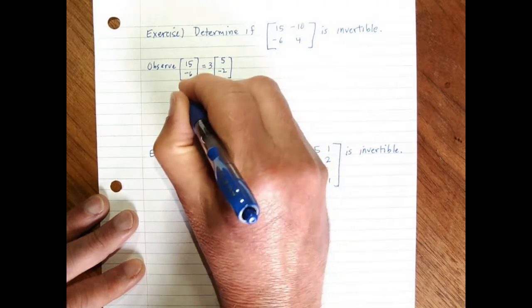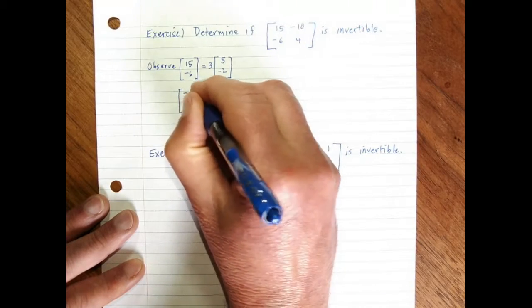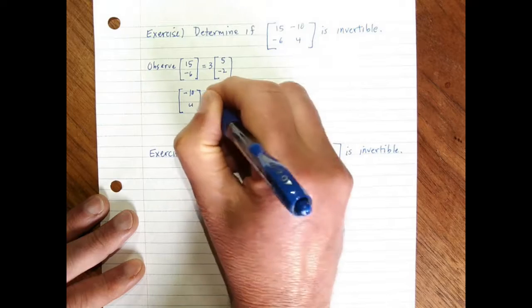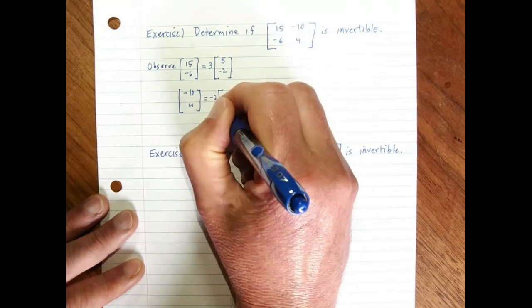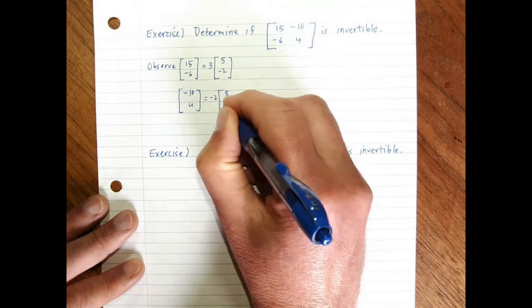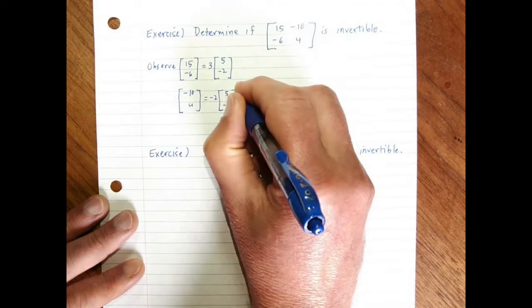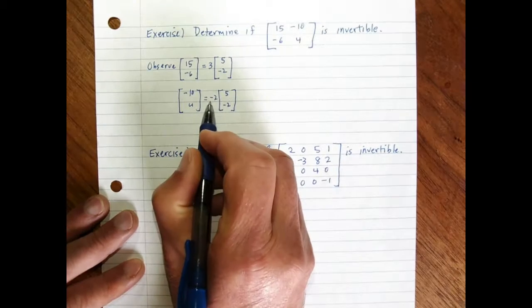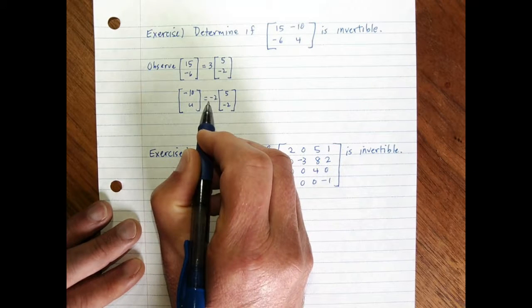In the other column, -10, 4, I can think of that as -2 times 5, -2. I'm trying to get the same vector here, so that's why I'm saying multiplication by -2.